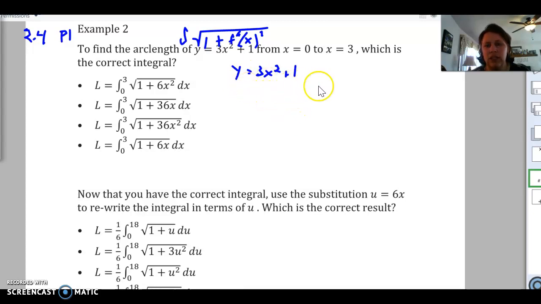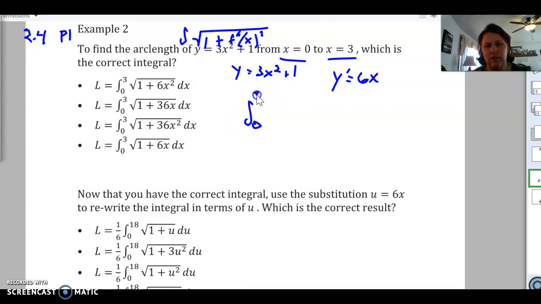So we have our equation, f of x, or y in this case. So let's find the derivative, y prime is equal to 6x, and then it asks which one of these is the correct integral. Well, if we're going to put this into our equation, we're going to integrate, and our limits of integration are given to us already, so from x equals 0 to 3.